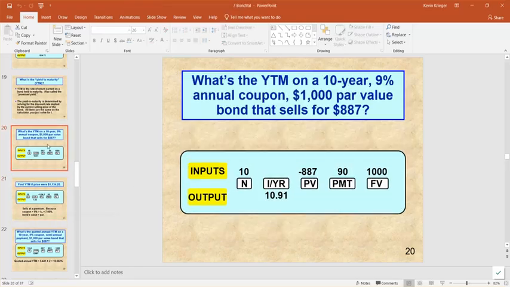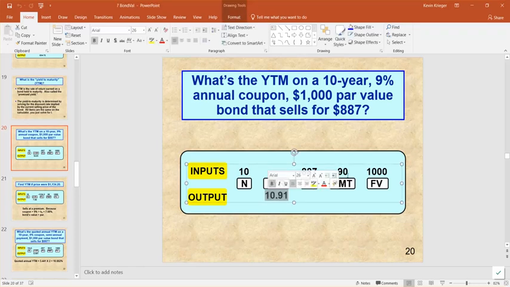Well, what does that mean? If it's a discount bond, I know my yield when I solve for it is going to be bigger than my coupon rate. I don't know what it is, but I know it's going to be bigger than 9, because I'm dealing with a discount bond, so my coupon rate must be lower than my yield.